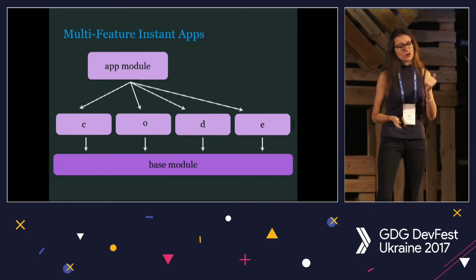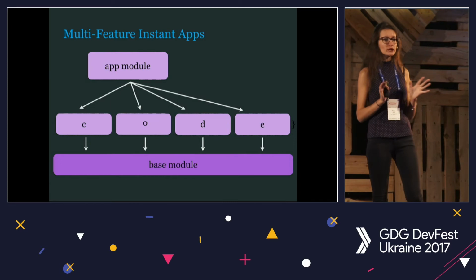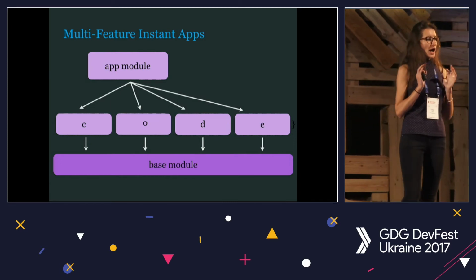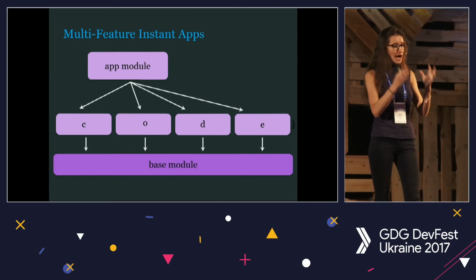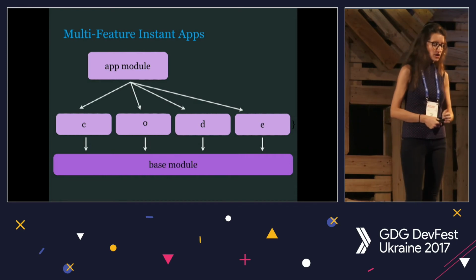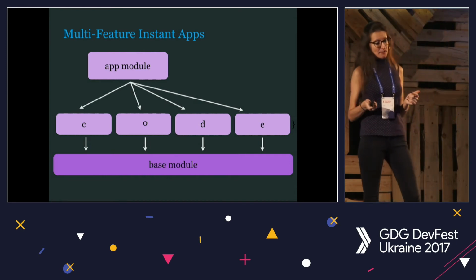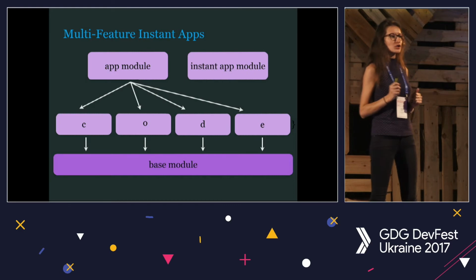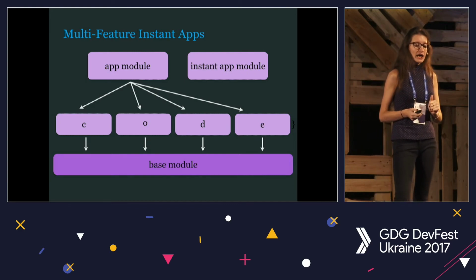But if you look at the chart, we didn't really build instant apps so far. The only thing we've done is we broke our application from one monolithic app module into feature modules and a base module. In order to build an instant application itself, we have to add a new package, the instant app module, and then we have to provide the dependency of the instant app on the feature modules. And that's pretty much it.